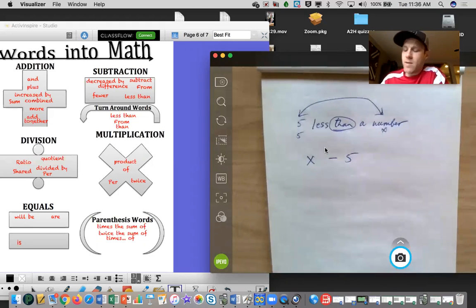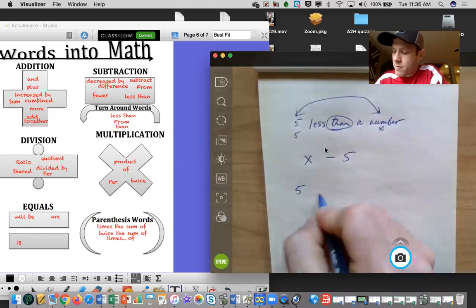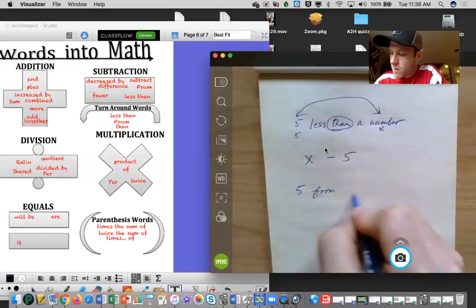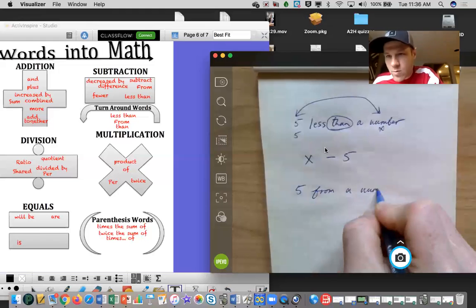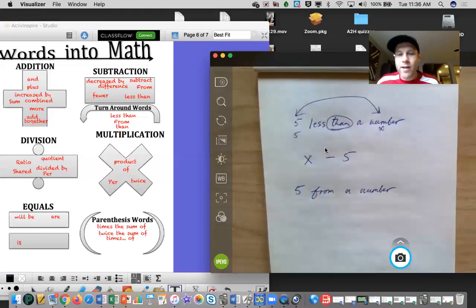Okay, even if I said that this is 5 from a number. And in class, what I'll often say is, well, how old are you? And they'll say 15, 16, or whatever. I'll say, take 5 from that number. What are you going to do? You're going to do your 15 minus the 5. You're not going to do 5 minus 15.